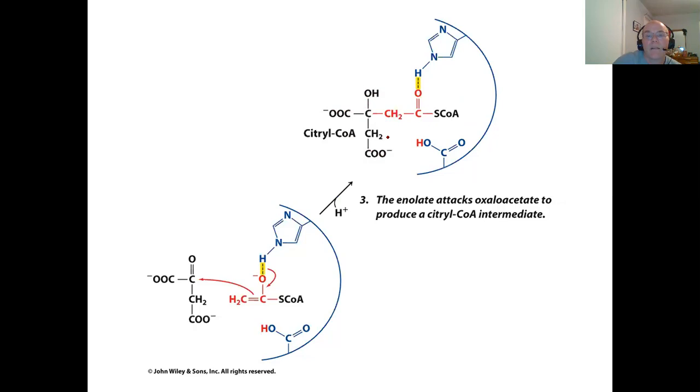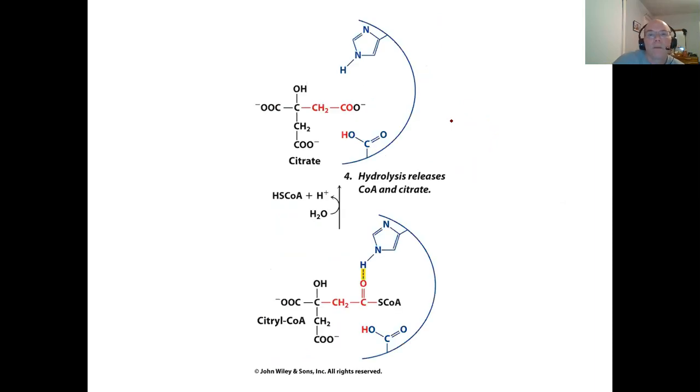So now we've pretty much got our product. We've got this citrate forming here. The only thing is that this needs to be an O minus on this end. We need to get rid of that coenzyme A. So the next thing that happens is there's a water molecule that comes in there, and that oxygen of the water molecule attacks our carbonyl. This gives us an O minus here.